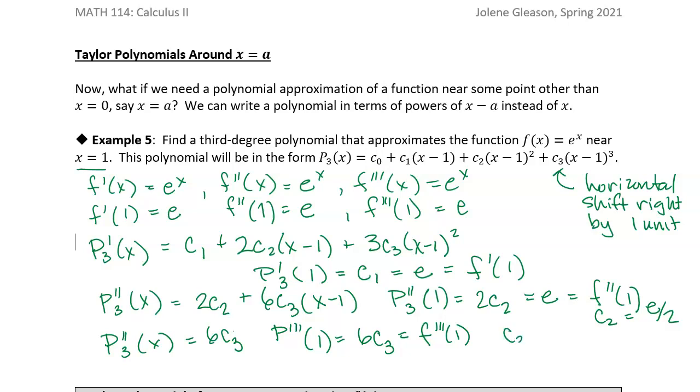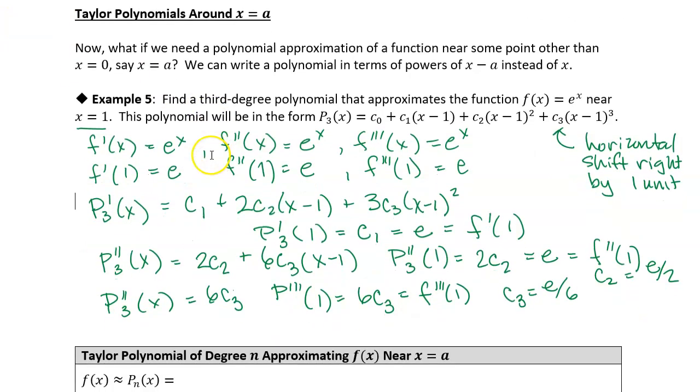So c3 is equal to e over 6. We're running out of room here, but we've got all of the constants.